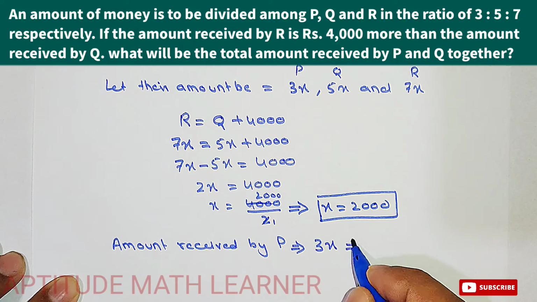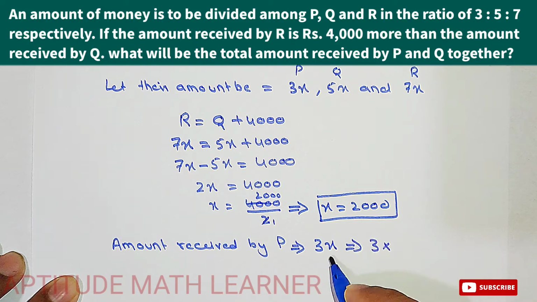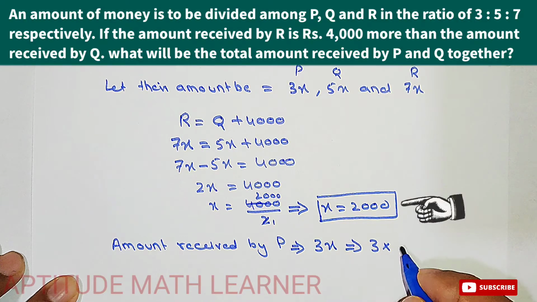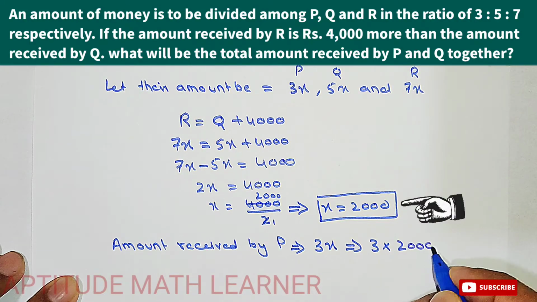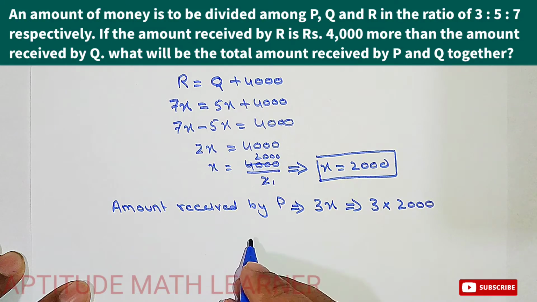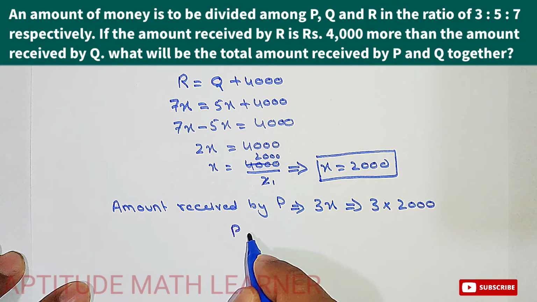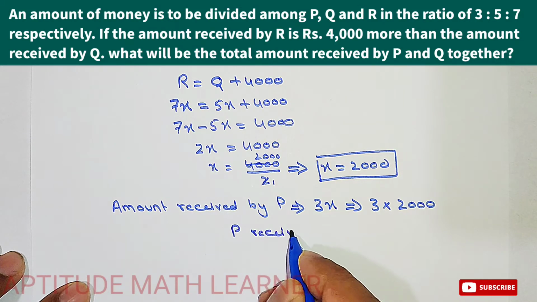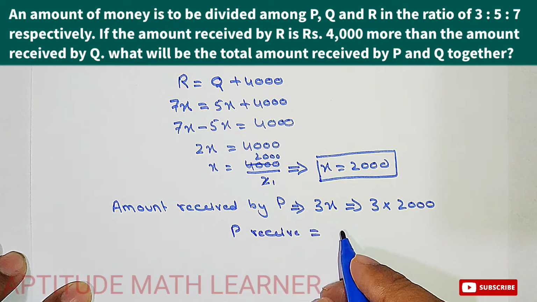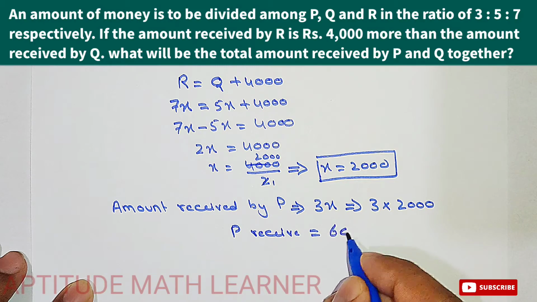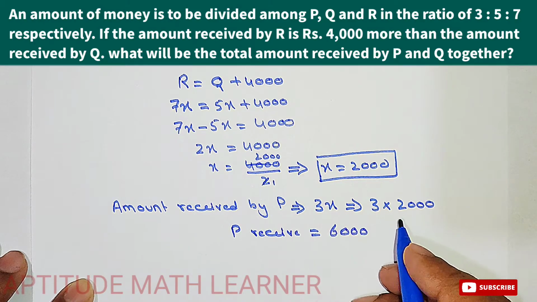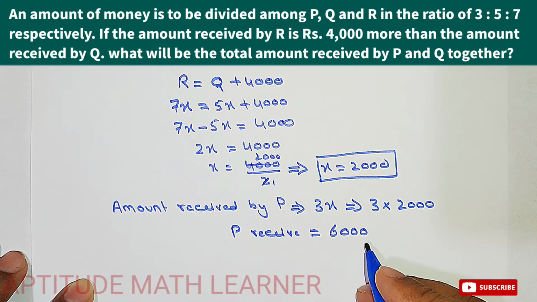So this becomes 3 multiplied by x, and the value of x is 2,000. So P receives 3 multiplied by 2,000, that is 6,000.